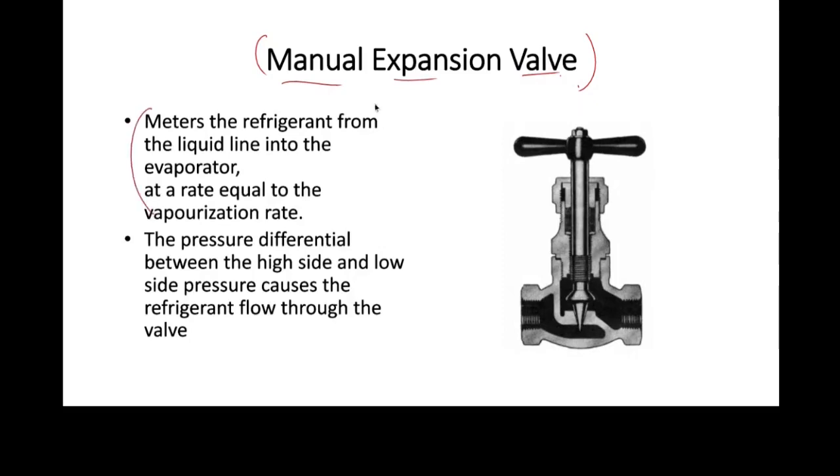first of all, what does the expansion valve do? It's a meter device, one of the types. And the manual is the simplest type, of course. It's got a handle on it, and you set it, based upon something, right? And so if this is going to the evaporator, what we'll do is probably look at a pressure gauge.